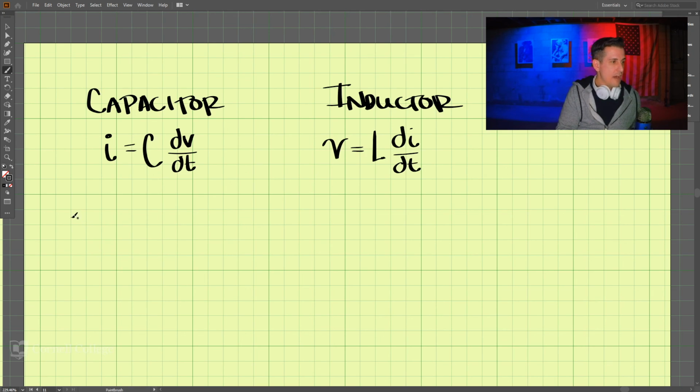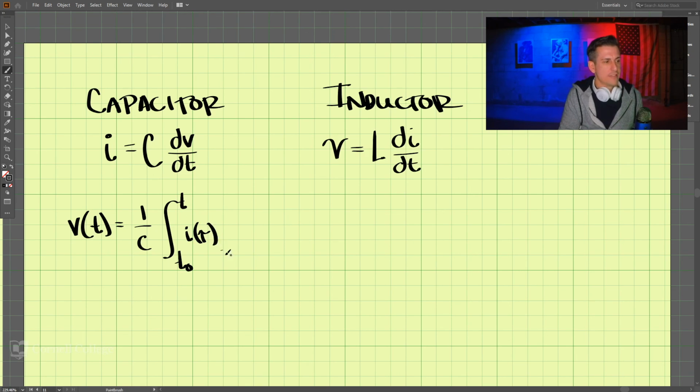Furthermore, we have the voltage at time t for a capacitor is equal to 1 over C times the integration from initial time to final time of I as a function of time, where tau means time, plus V at time 0. This is the plus C, remember, when we integrate.